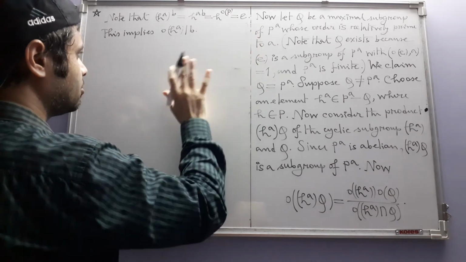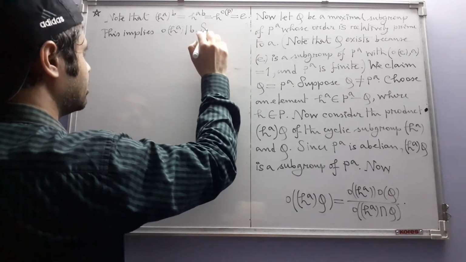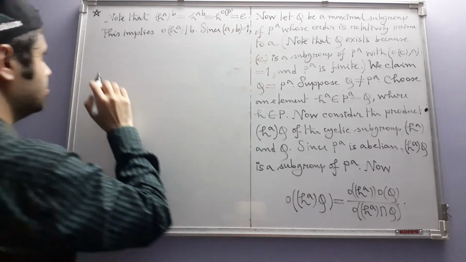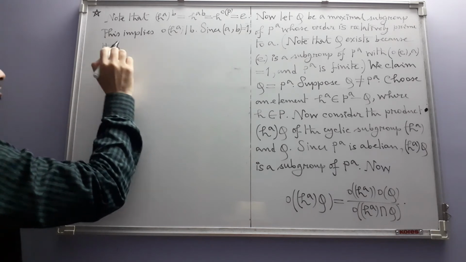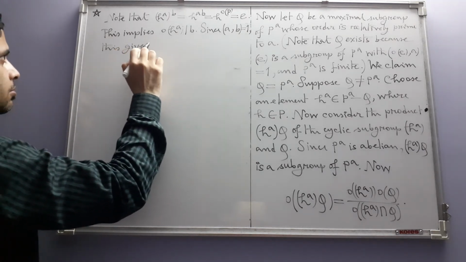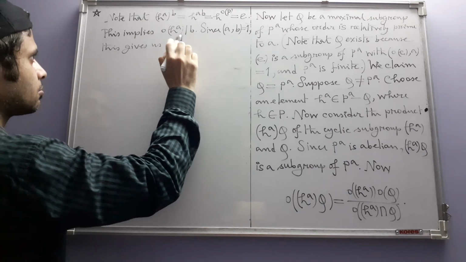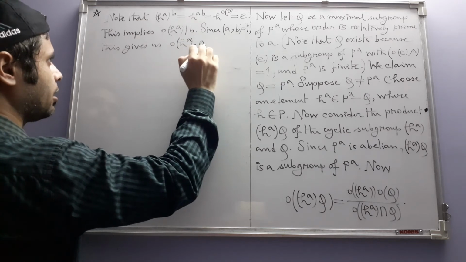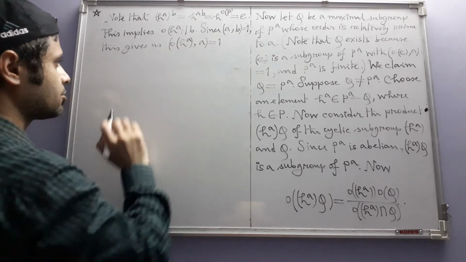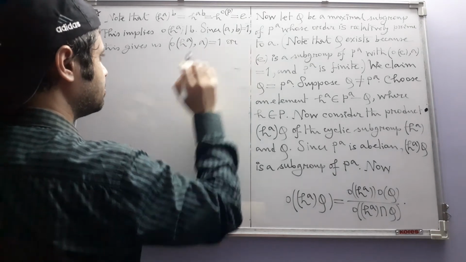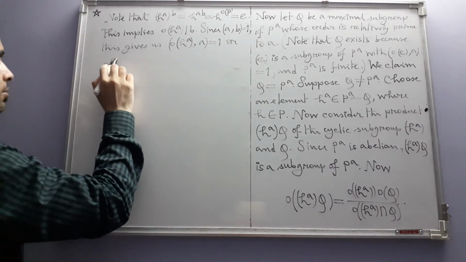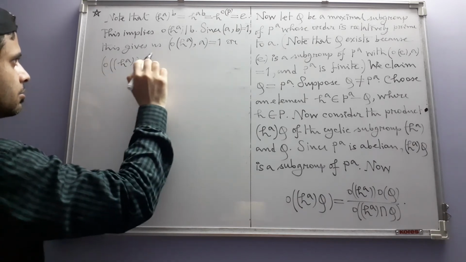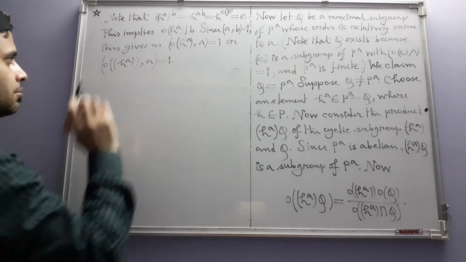But we are not going to write all those things. We just simply write, since a and b are relatively prime, this gives us the fact that the order of HA and A are also relatively prime, or the order of the cyclic subgroup generated by HA and A are relatively prime.